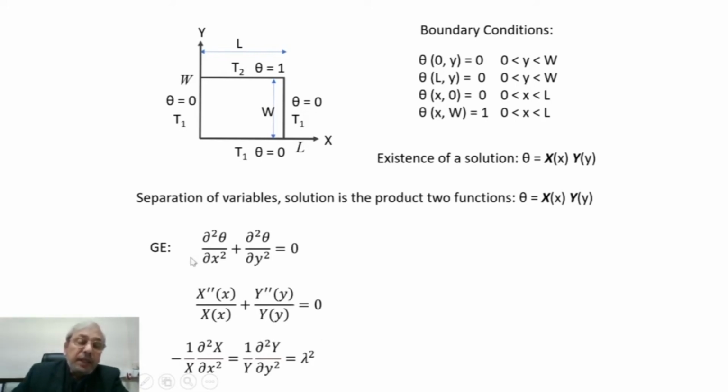Using the usual separation of variables steps, we have applied the technique systematically step by step, and we have reached this state where minus 1 by uppercase X into d2X dx2 equal to 1 by uppercase Y into d2Y dy2 equal to lambda square.